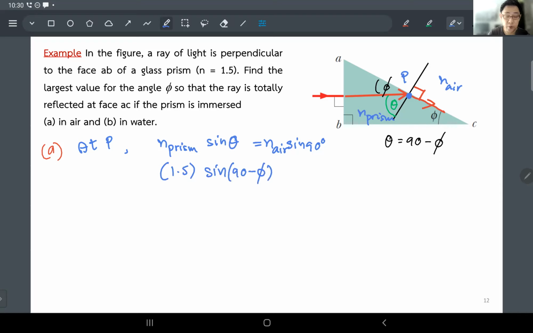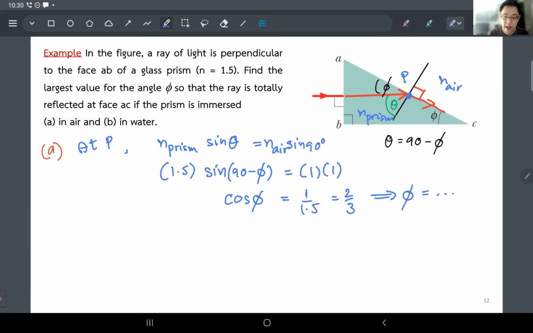In air n is 1, sine 90 is 1, and that's it. So sine of 90 minus phi is just cosine. So cosine phi equals 1 over 1.5. You can write it as 2/3, and then you should be able to figure out the phi value. Cool? And that is done.